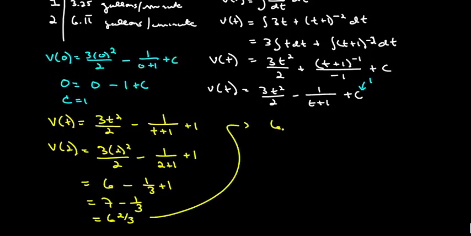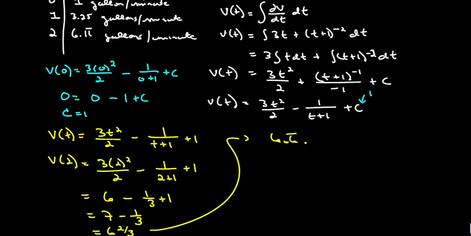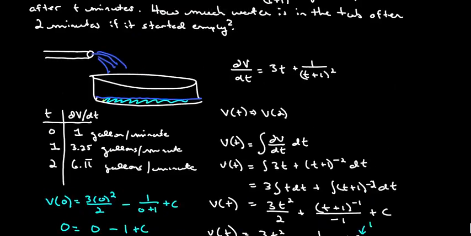We write that as 6.6 repeating, and of course our volume here is going to be in gallons. So we've got 6 and 2/3 gallons in this tub at time 2.